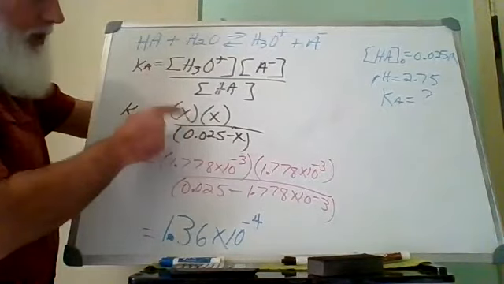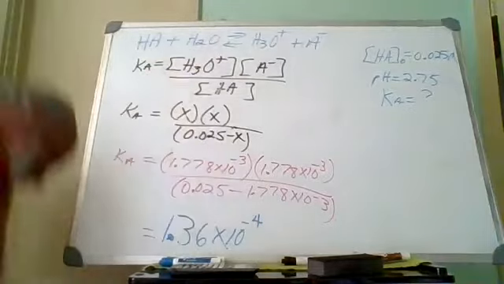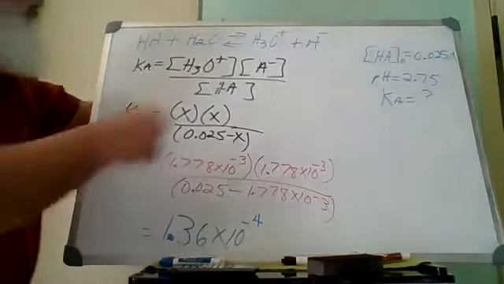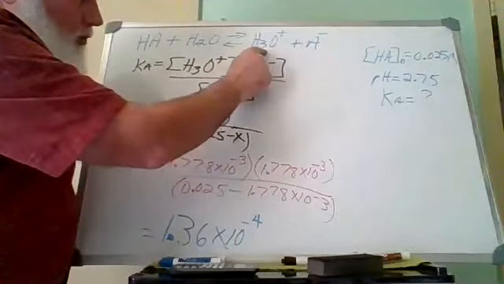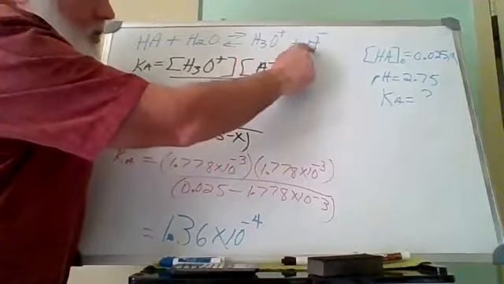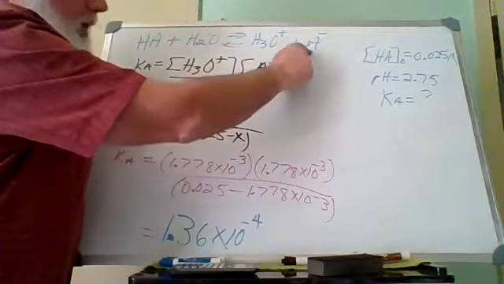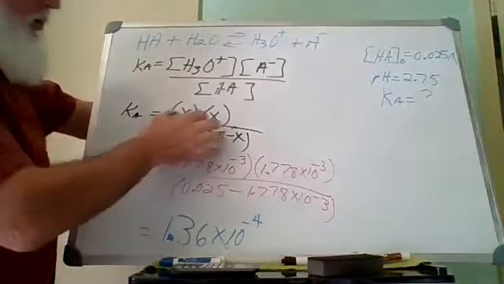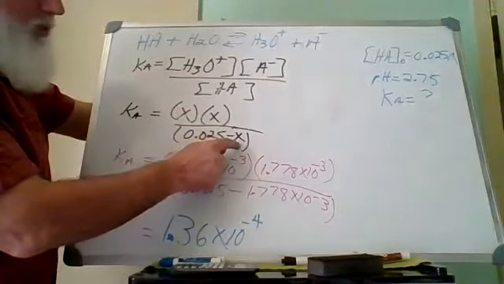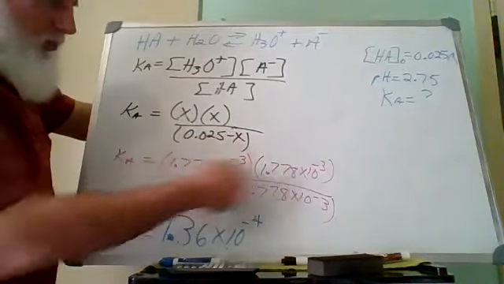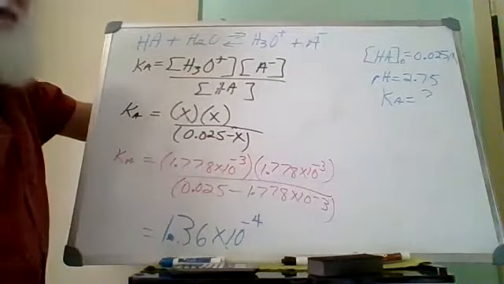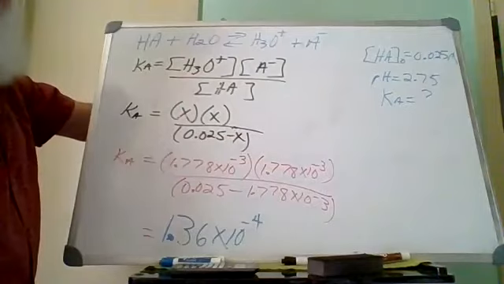From the ice table, I already erased it, we saw that the equilibrium concentration of hydronium ion equals the equilibrium concentration of the conjugate lactate base. So we set those two equal. We knew what X was from the ice table, just plug in for X and solve. Rather straightforward there.